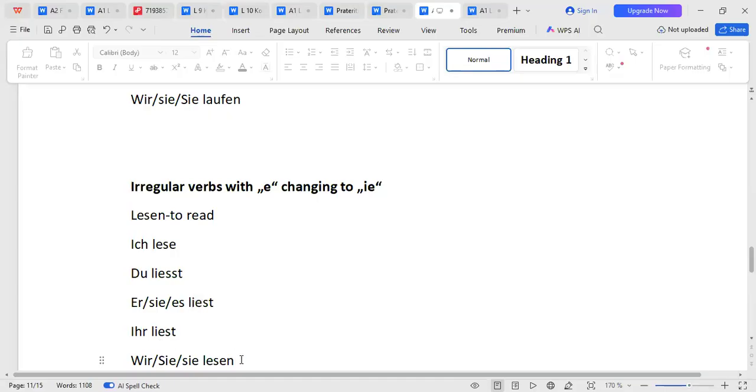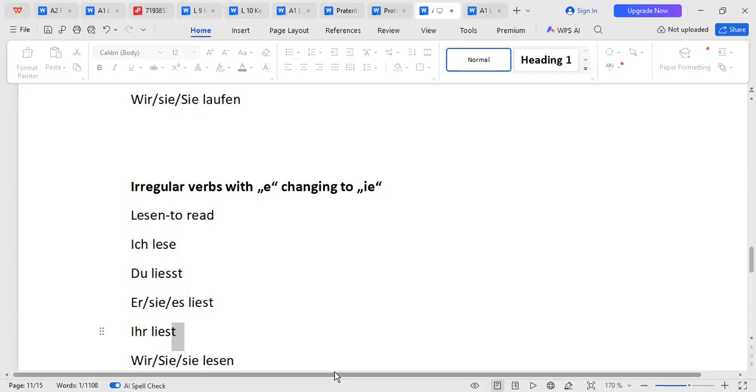The rules of conjugation maintain. E at the end, st at the end, t at the end, en at the end. The rules maintain, but it's only the vowels that change. Ich lese, du liest, er, sie, es, man liest, ihr liest, wir, sie lesen.